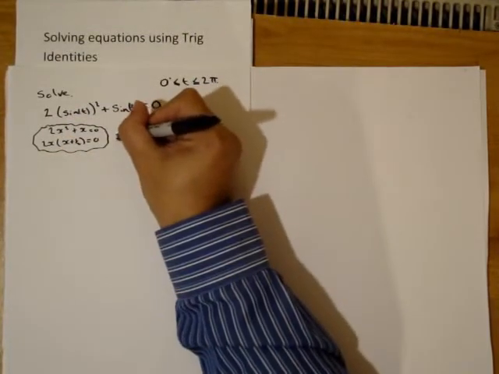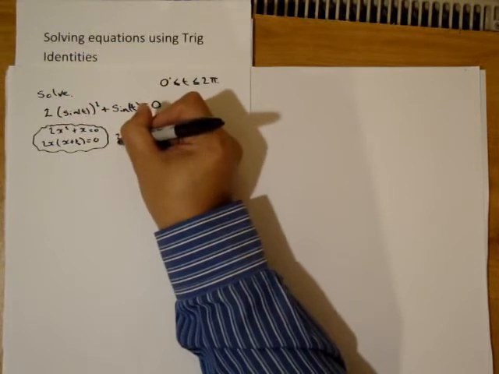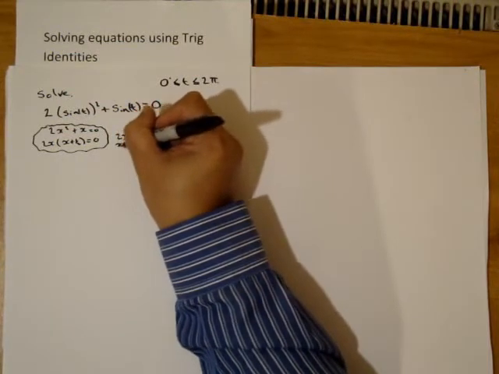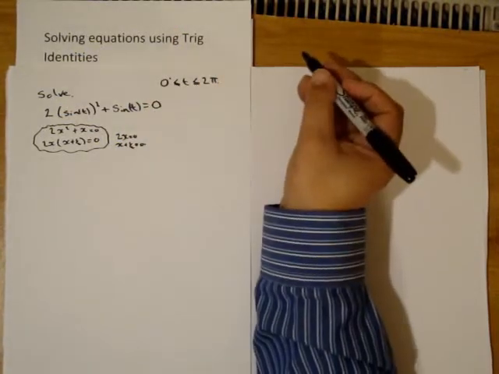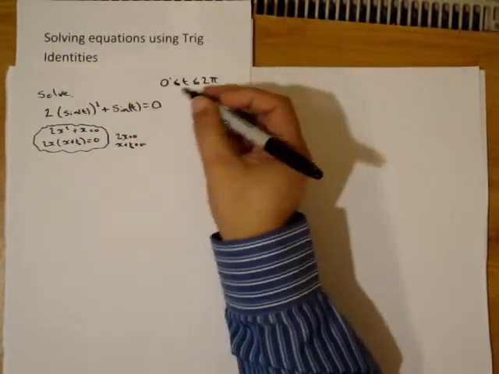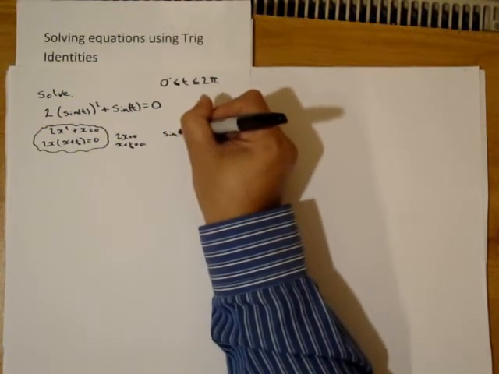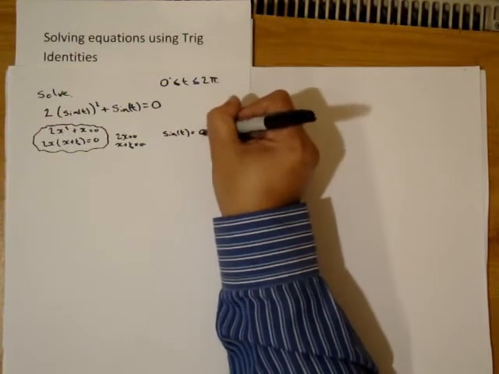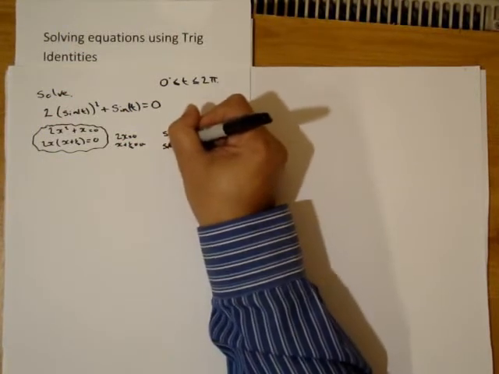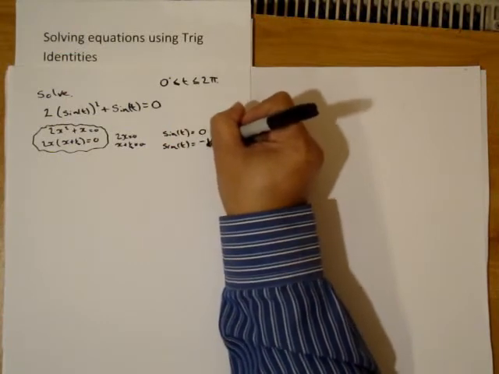So in this case x equals 0 and 2x plus 1 equals 0, so x equals minus a half. So instead of x we're talking about sine t. So sine t equals 0 and sine t equals minus a half.